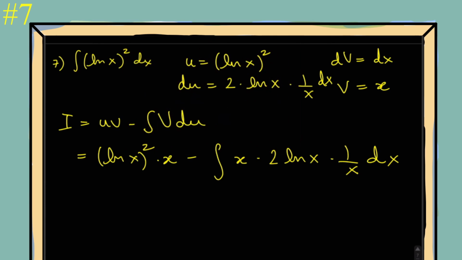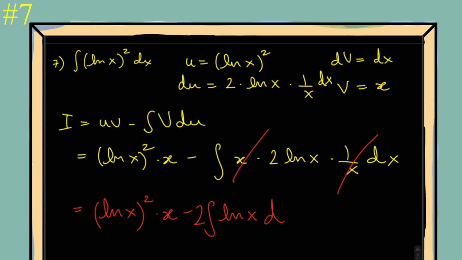So some things look like they're canceling, so that's gone, that's gone. So that's just ln of x squared times x minus the integral of, we'll pull out the 2, ln x dx.